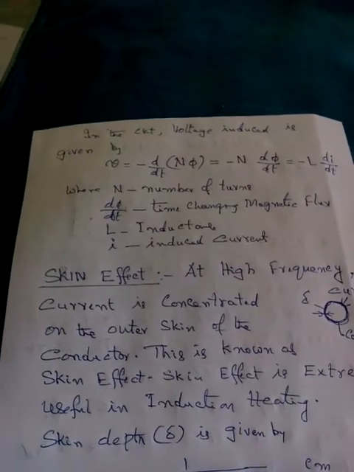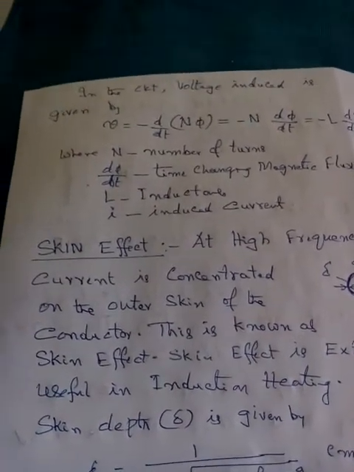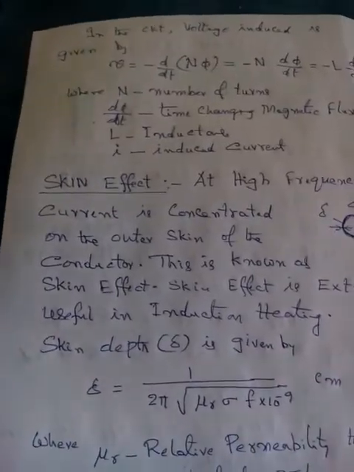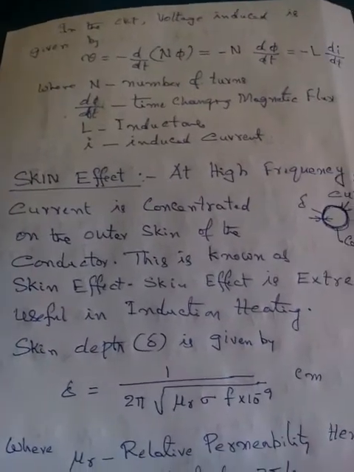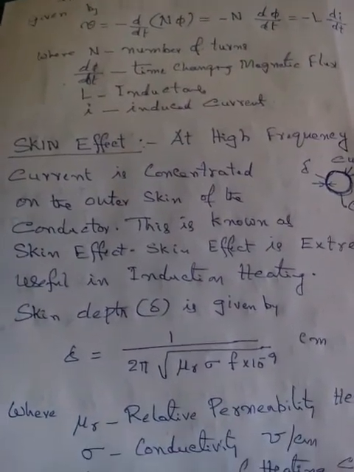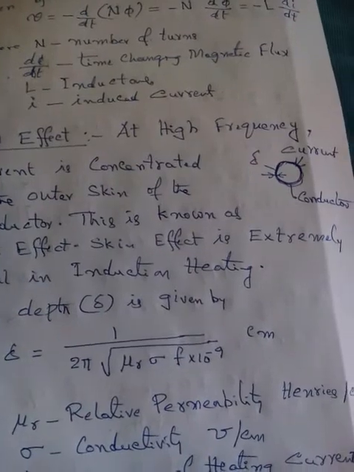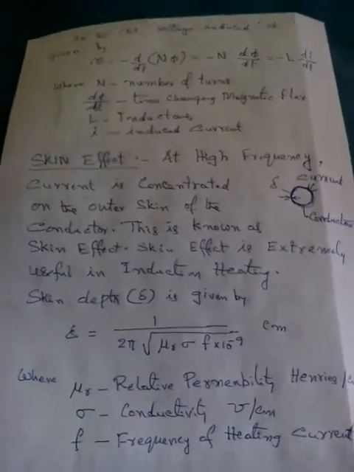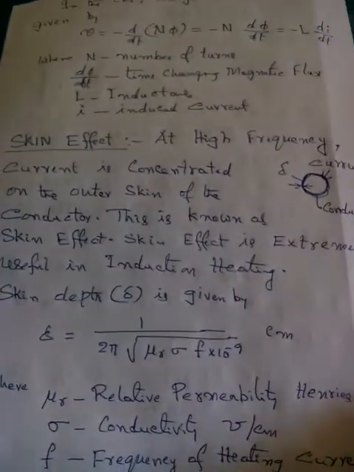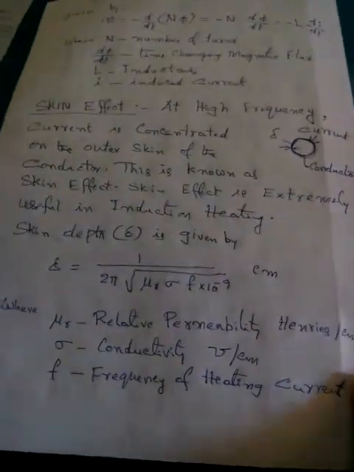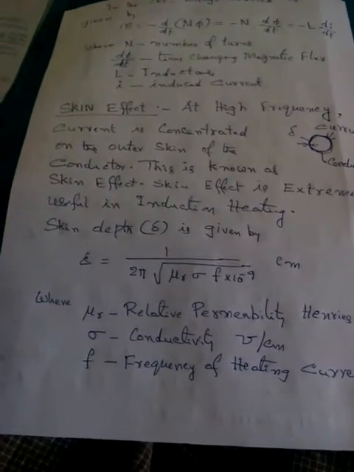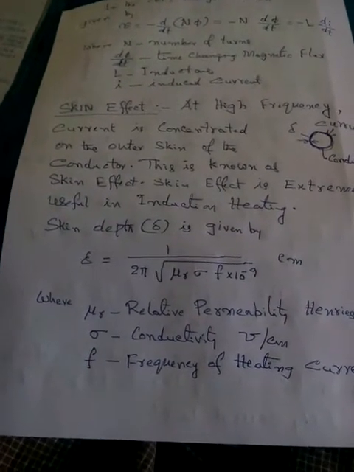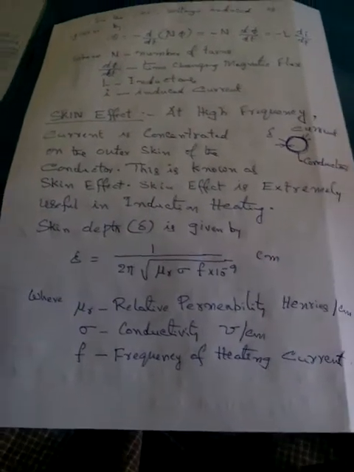Skin depth delta is given by 1 by 2 pi square root of mu r sigma f into 10 to the minus 9 centimeters, where mu r is relative permeability in henries per centimeter, sigma is conductivity in mhos per centimeter, and f is the frequency of the heating current.